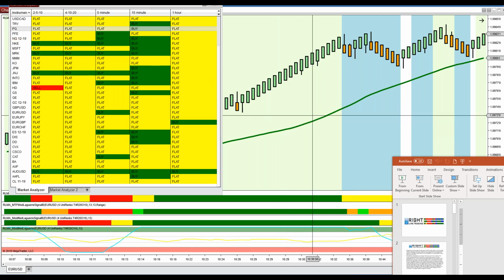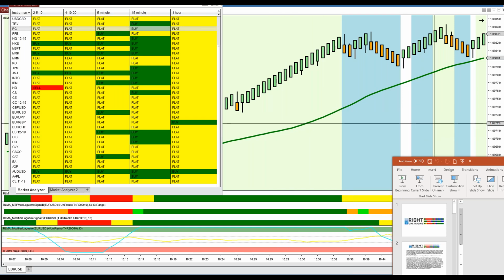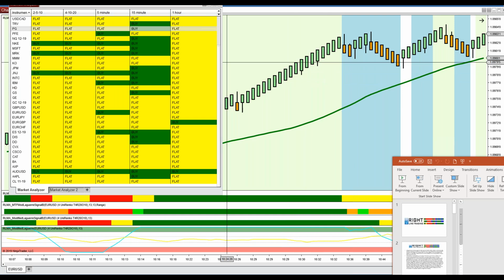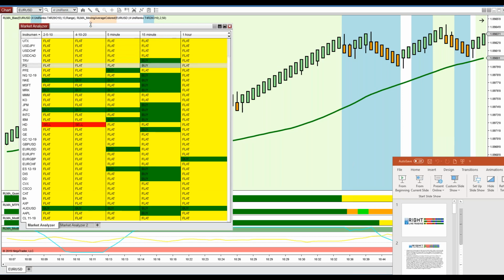There's a little bit of work you have to do because everything is doing a multi-time frame analysis, and this indicator is doing a multi-market analysis. So unlike all the other trading platforms, you just can't go up here and change the time frame. It's just not that easy. But we're going to format them.